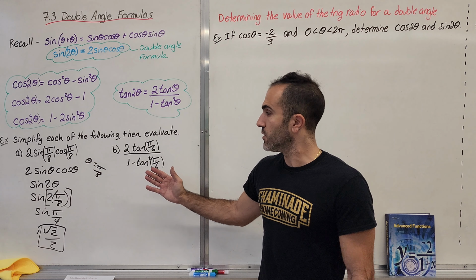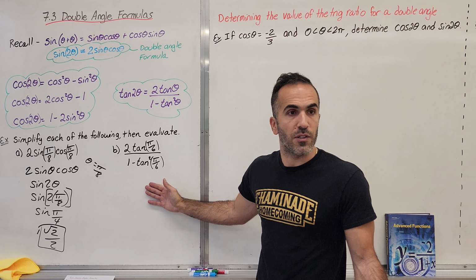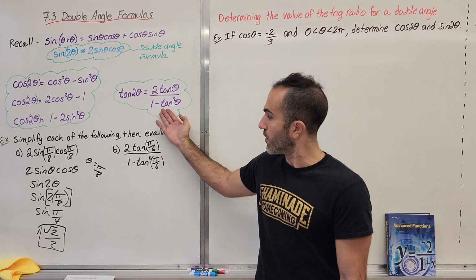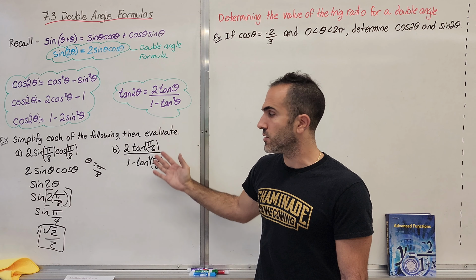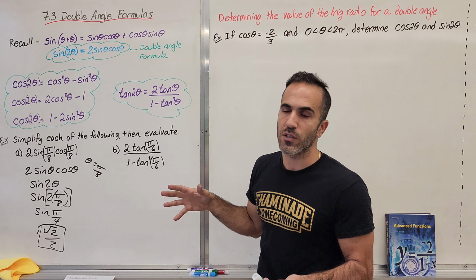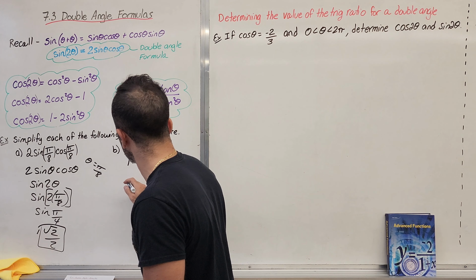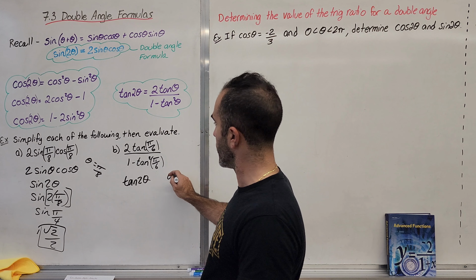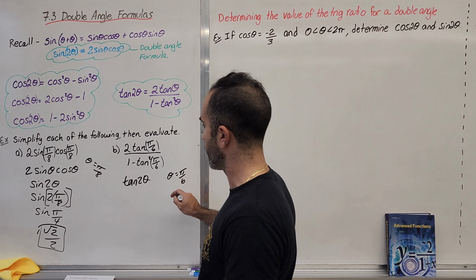Similar to this, tan is honestly the easiest because it's obvious that you're using tan. There's not 2 of them like compound angle formulas. There's just 1 of them. So it's got to look exactly like this. Maybe sometimes it doesn't look exactly like it. You have to do some moving around to make it look like it. But this is just going to turn into tan of 2 theta, where theta is pi over 6.